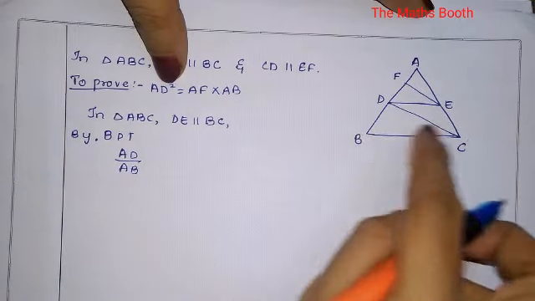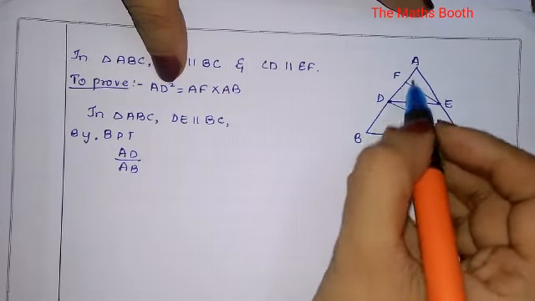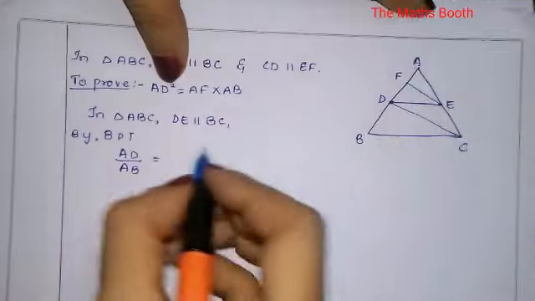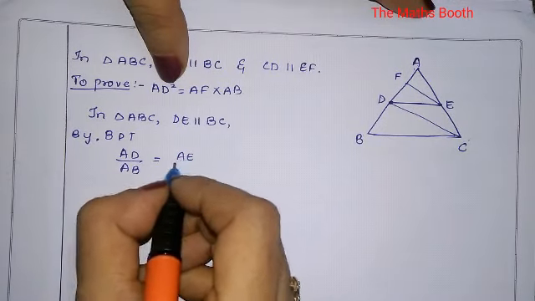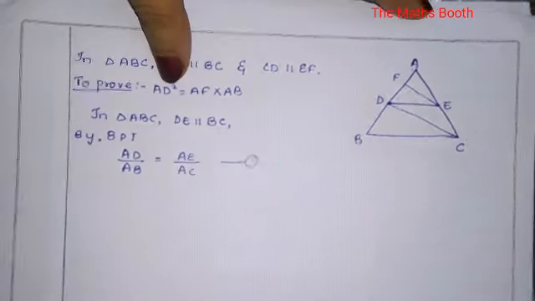In triangle ABC, DE parallel to BC. So this is our half part. AD by AB is equal to AE by AC. Let us write this as equation 1.